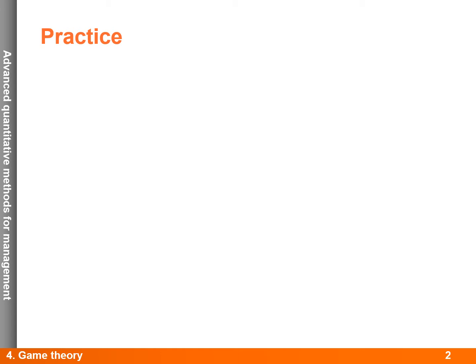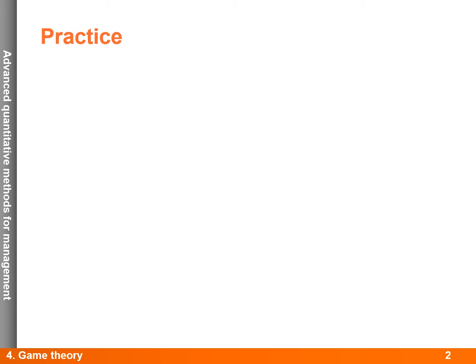What are these mixed strategies? It means that each of the strategies happens with some probability, but for sure the sum of these probabilities is equal to 1. Before going to the next slides, let's review some exercises to review a little bit the concept of the saddle point and the other items.